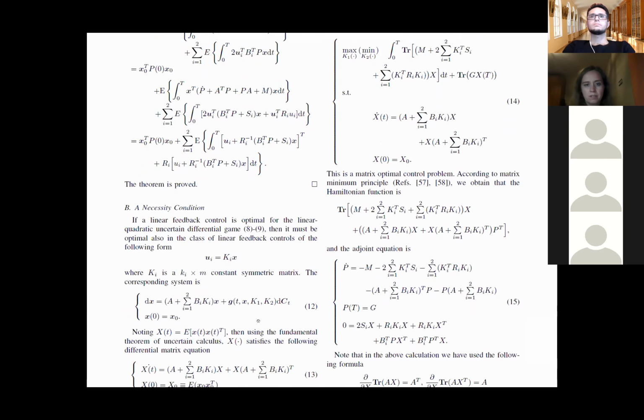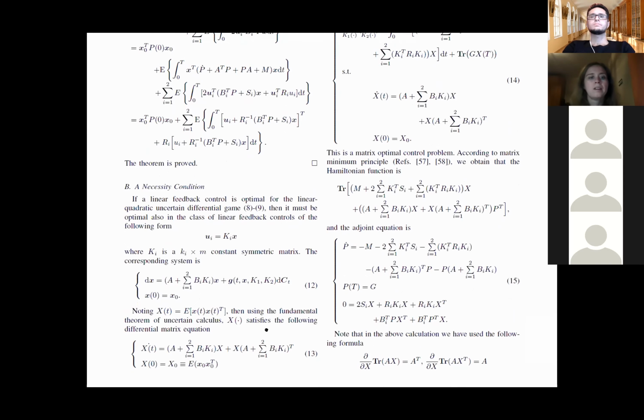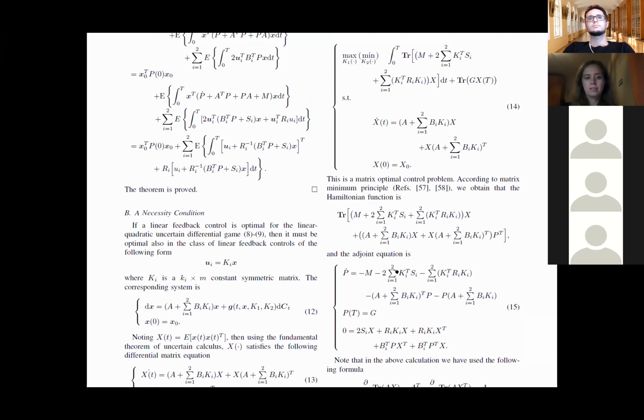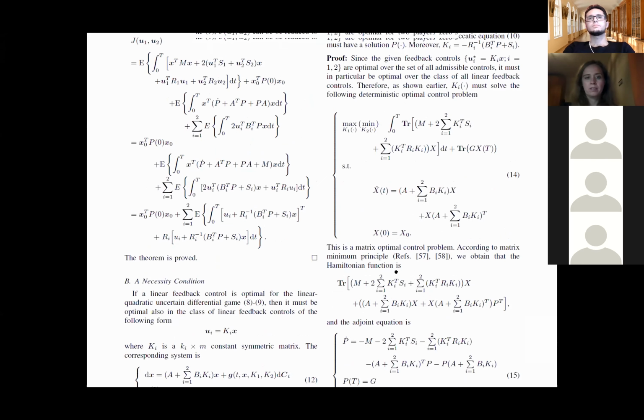Look at this. X satisfies the following. The following is a Riccati matrix differential equation. So we can get this.